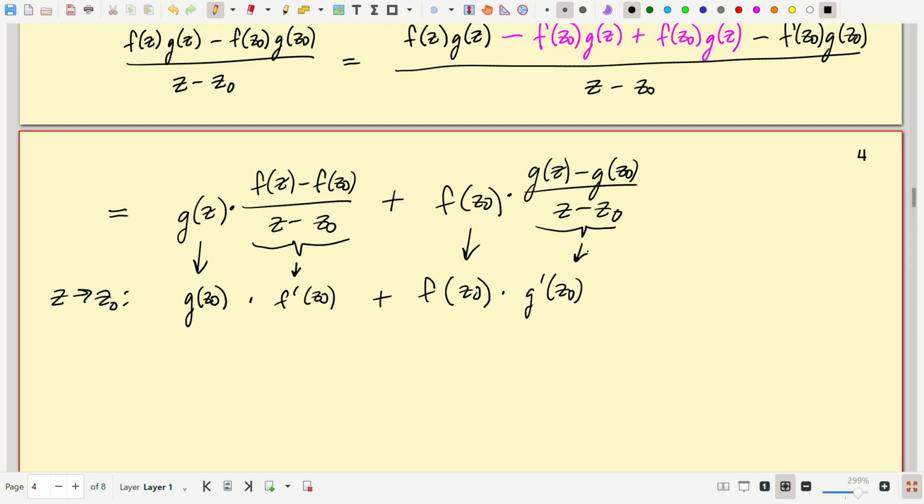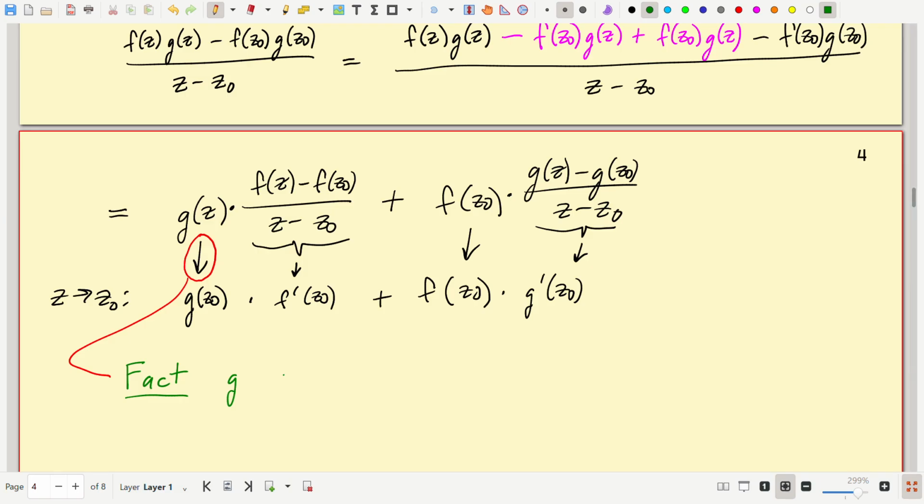So this is almost a proof. Here's a fact. A complex differentiable function is continuous.